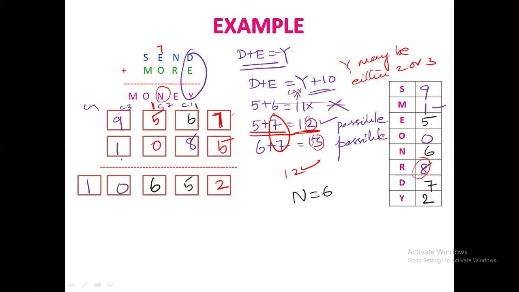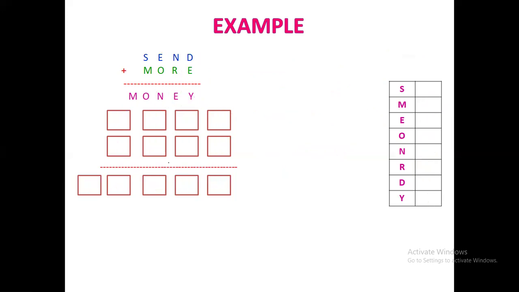So 6 plus 1, 7. 7 plus 8, 15. 1, 5. 1 carry is remaining. 1 plus 5, 6. 9 plus 1, 1 0. So if you are adding these two values, you are surely getting the answer. Now we found out all the values. What is the value we found out?